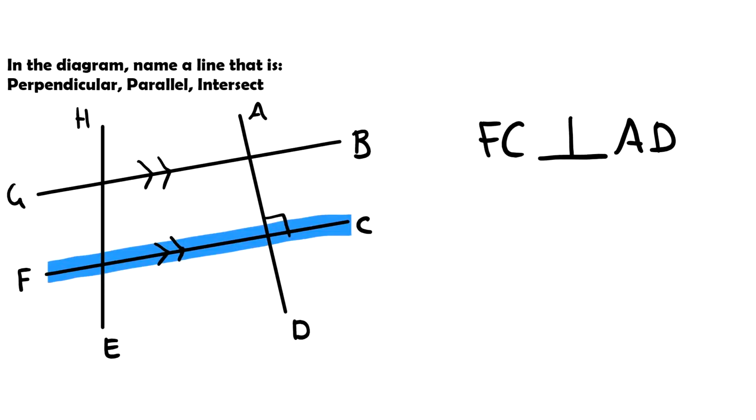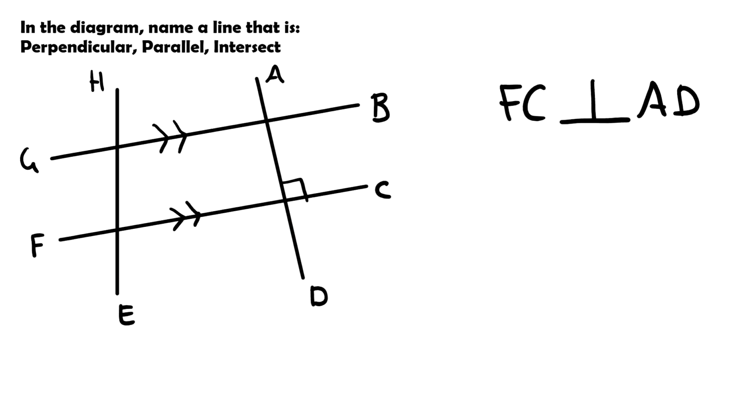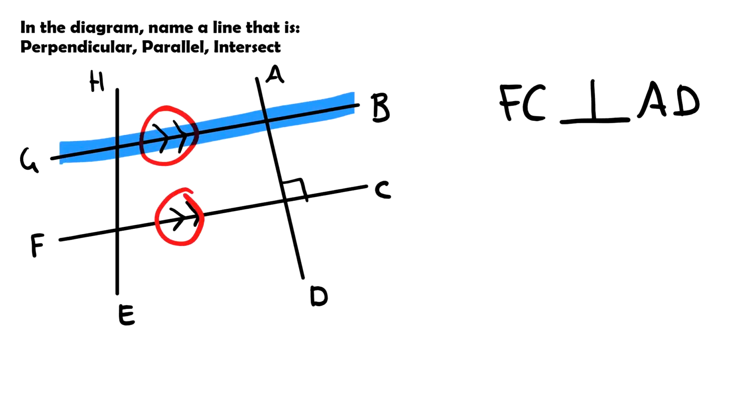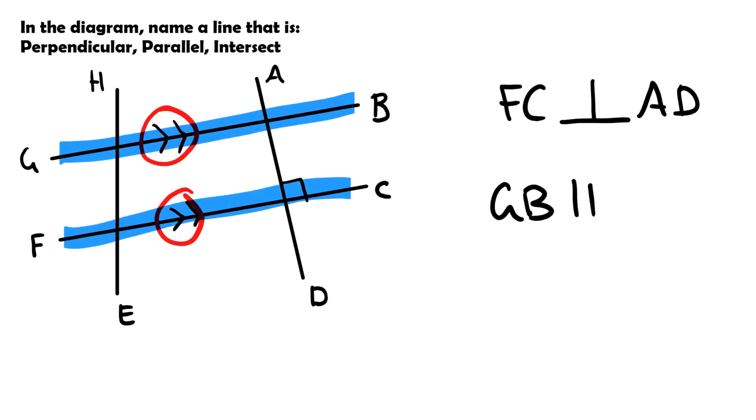Now we're going to look at our parallel. Remember parallel has the little arrows, so we know these two lines here and here are what we call parallel lines. So we have GB is parallel to FC. Now, the next one says intersect. Now, we could just say FC and AD because they do intersect.